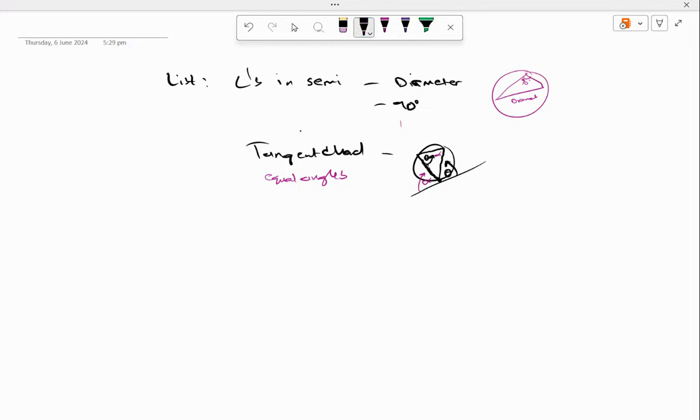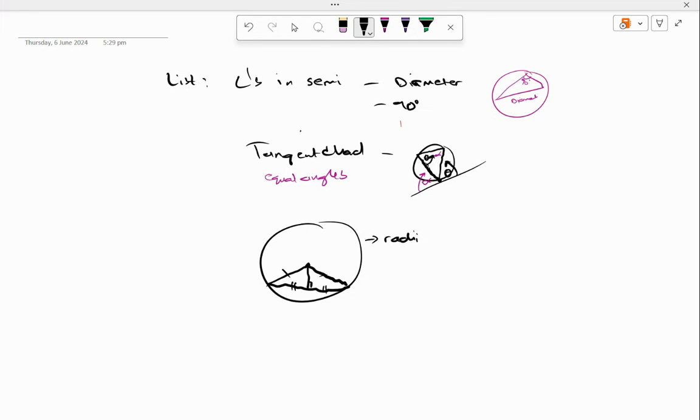The other theorem was the one where you have radii, which are extending from the center of the circle to form an isosceles triangle. And then you also have a line which is coming down, which is your line from the center of the circle to a chord will bisect the chord, cutting the chord in two. So over here you have a few reasons at play.